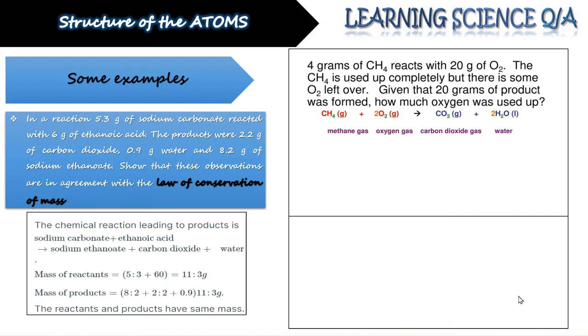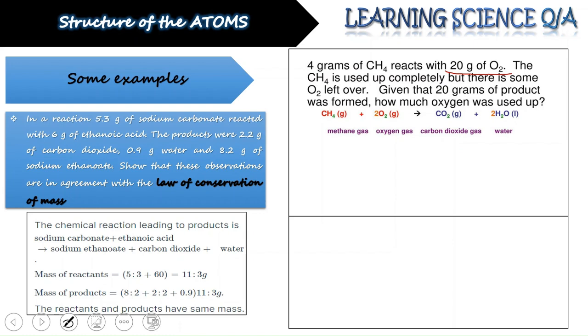Now let's see one more example. We have 4 grams of methane reacting with 20 gram of oxygen. The methane is used up completely, but there is some oxygen left over. Given that 20 gram of product was formed, how much oxygen was used up? So the mass on the reactant side is 4 plus 20, which is 24 grams.